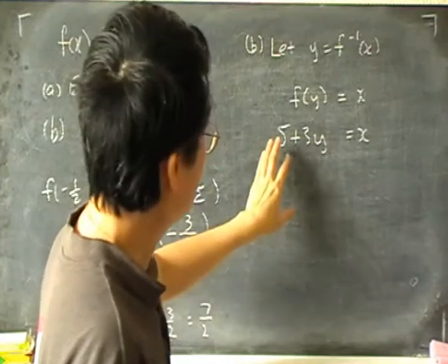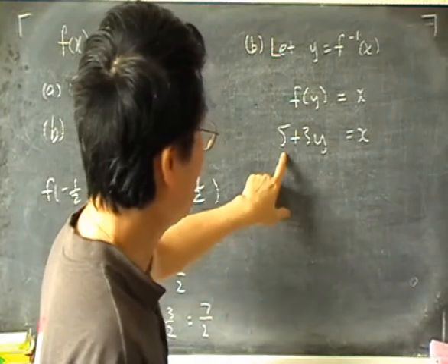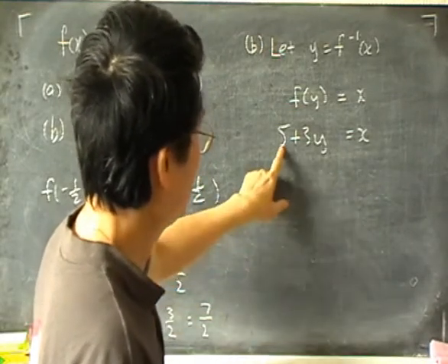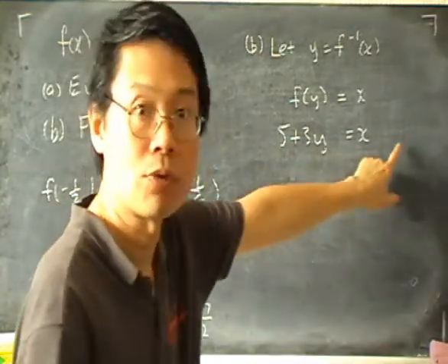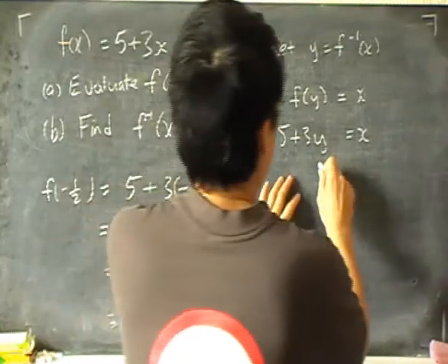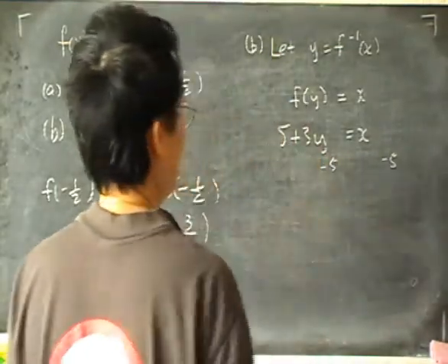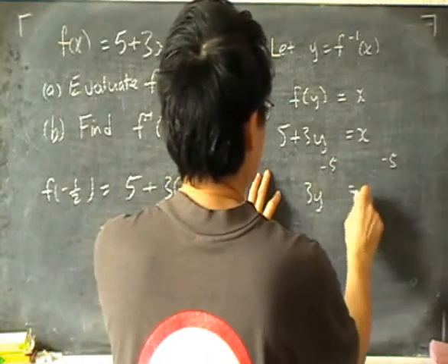If I look at this, I have 5 plus 3y. I can start thinking about getting rid of some of these. So let's start with the 5. I can get rid of the 5 if I subtract 5 from both sides. Subtract 5, subtract 5. So 5 minus 5 is 0. I have 3y.